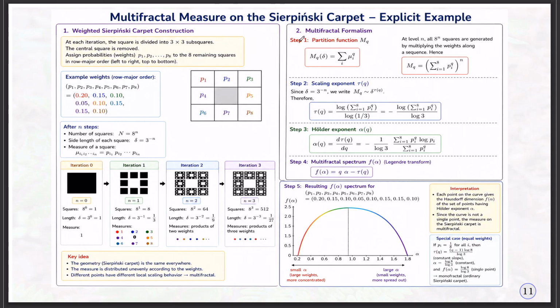Now, instead of equal probabilities, we take probabilities like this, so that the sum equals 1. So one can get the total probability as 1. The number of squares is 8 power n; in each iteration we have 8 squares like this, with delta equal to 1 by 3 power n, then the first iteration, then the second iteration, up to the nth iteration.